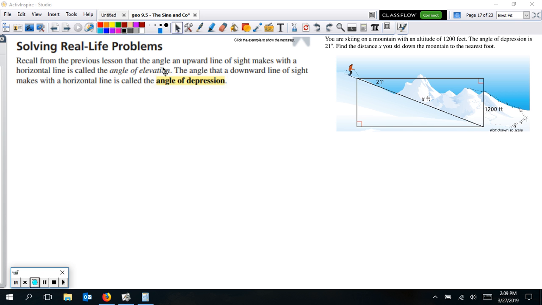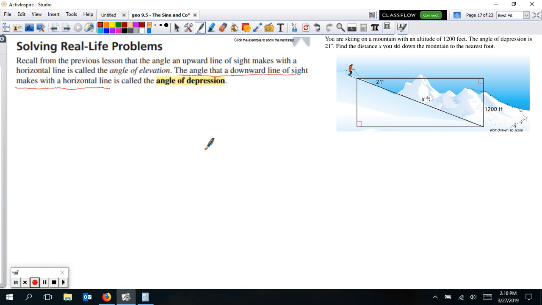That was basically the vocabulary of the last lesson. So this lesson, the angle that a downward line of sight makes with a horizontal line is called the angle of depression. So that's what you can write there: the angle of depression is the angle that a downward line of sight makes with a horizontal line.